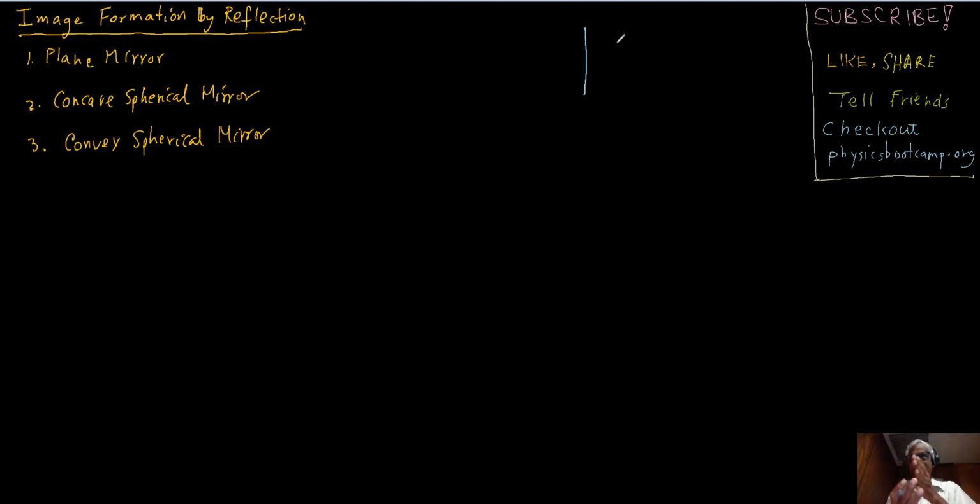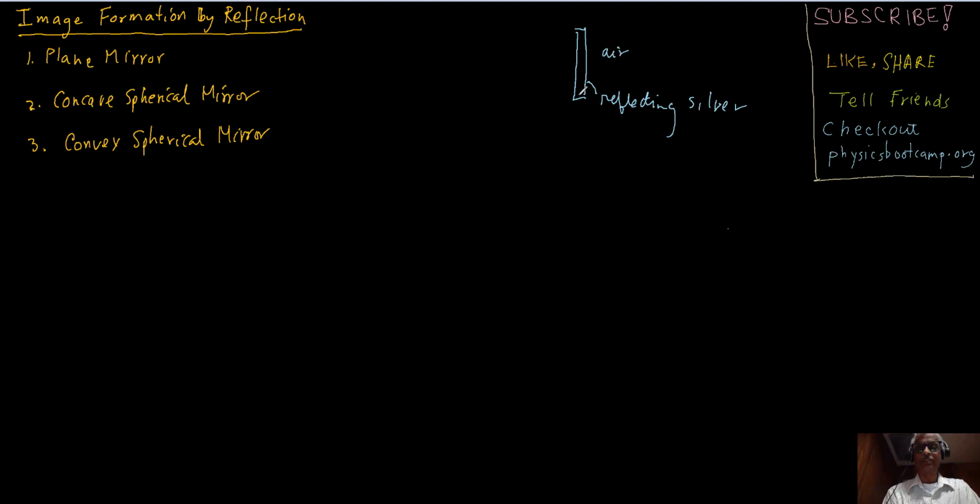Now you can't really support that silver, so normally you'll have a glass. So you'll have this, the reflecting silver, and then on this side is air.